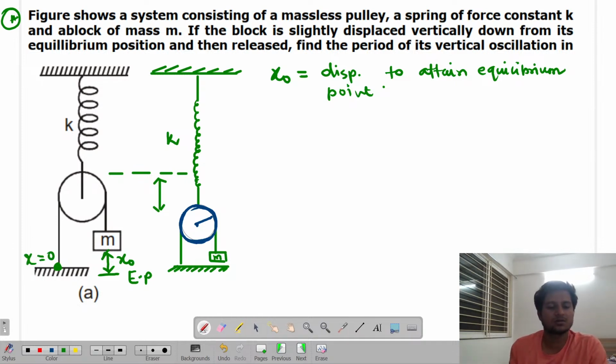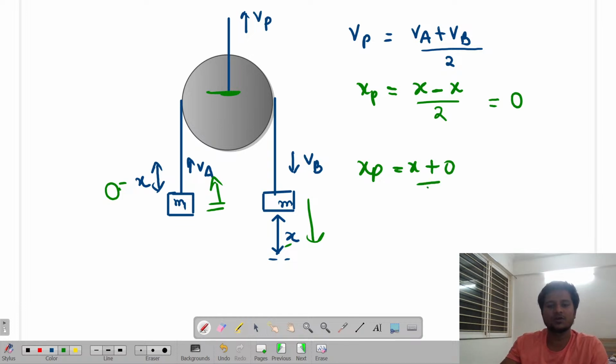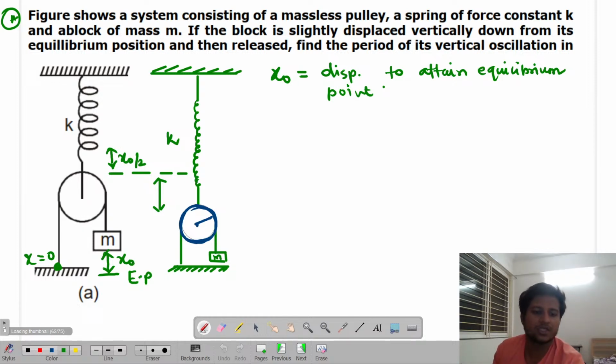So the pulley will be displaced by x naught by 2 or not. Look over there. If this displacement is x and this displacement is zero, the displacement of the pulley will be x plus 0 divided by 2. How much is that? x by 2. Is that clear? मेरी बातें समझ में आई या नहीं? So the displacement of the pulley is how much for the equilibrium case?